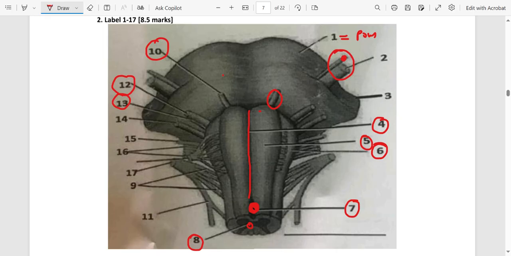Yes. So 12 is going to be what? What is 12? The facial nerve, isn't it? Remember, cranial nerve number 6, cranial nerve number 7, cranial nerve number 8. That's how they move. So 14 is going to be cranial nerve number 8 there.